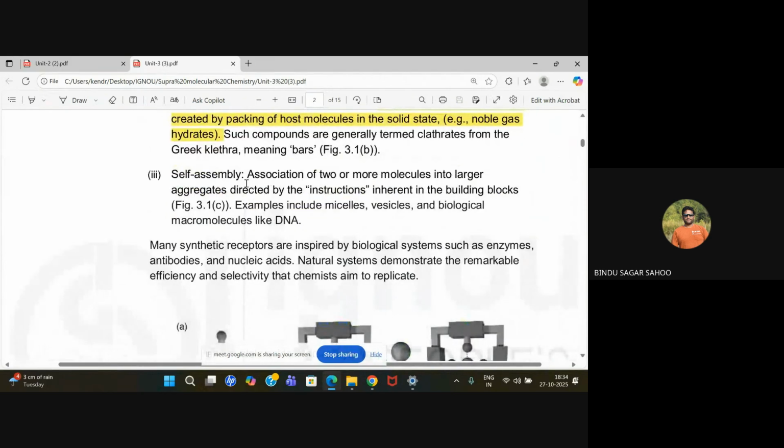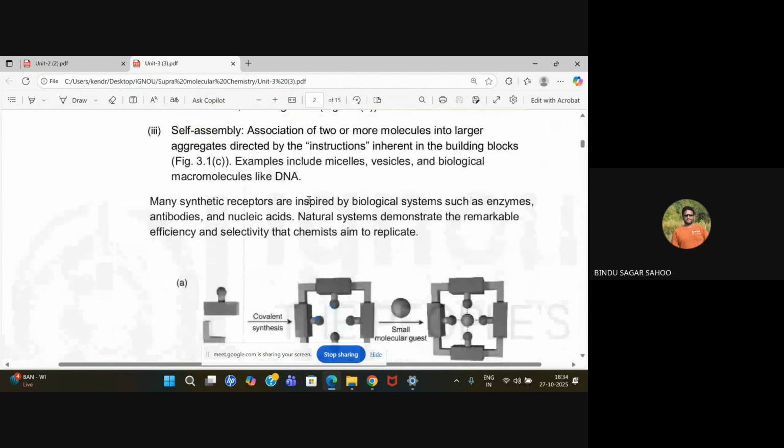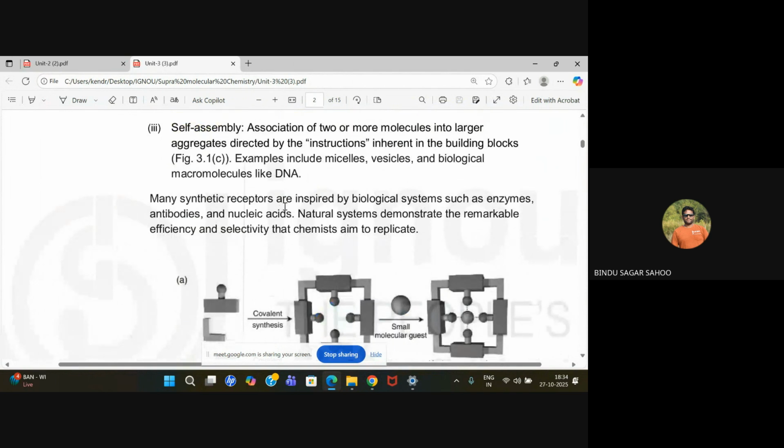Again, self-assembly means the association of two or more molecules into larger aggregates directed by instructions. Examples are micelles and biological macromolecules. Most synthetic receptors or molecular receptors are inspired by biological systems.